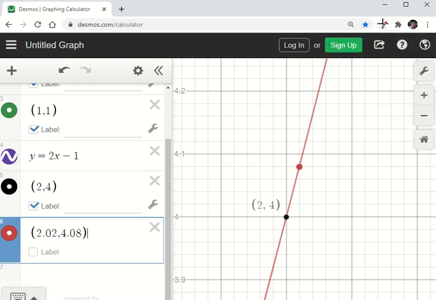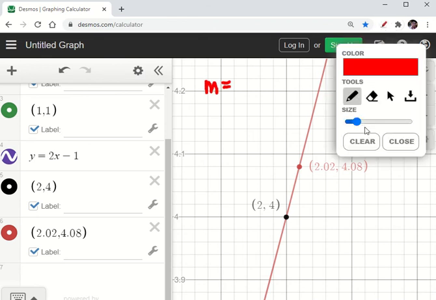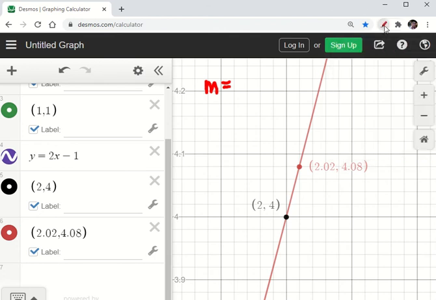Let's take these 2 points to find the slope. We first find the difference of y. The difference of y is 4.08 minus 4 over 2.02 minus 2.